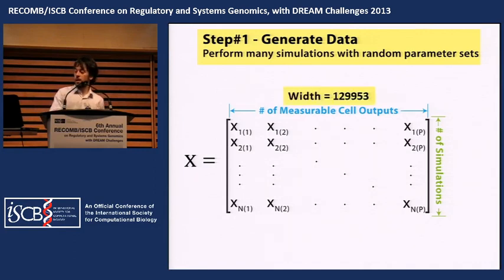And in my implementation, this was roughly 130,000 independent variables. And because the model takes so long to run, and because I had limited computational resources at my local institution, I was only able to run a total of roughly 1,100 simulations. So this is a very poorly conditioned data set. I have many more independent variables than I do replicates.